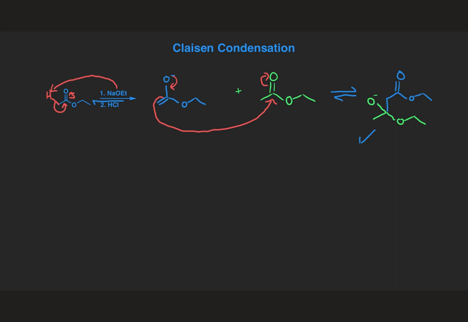So just like other additions to esters, once you form this tetrahedral intermediate, the electrons on oxygen can kick back down and kick off the other oxygen, because the alkoxide in this case is a reasonably good leaving group.